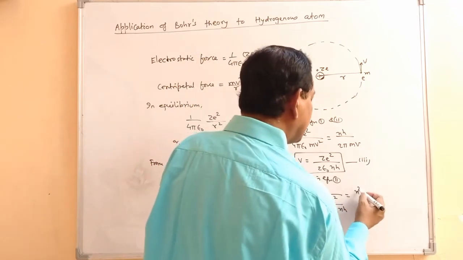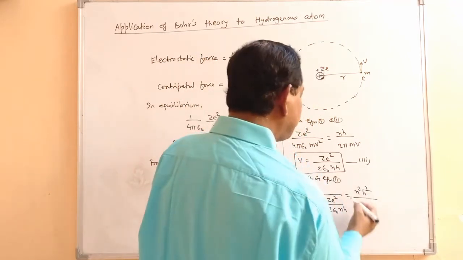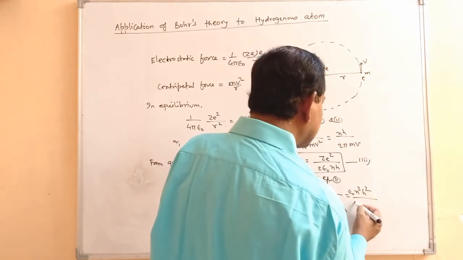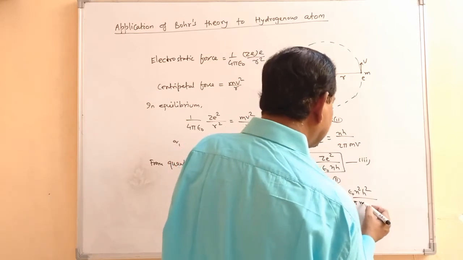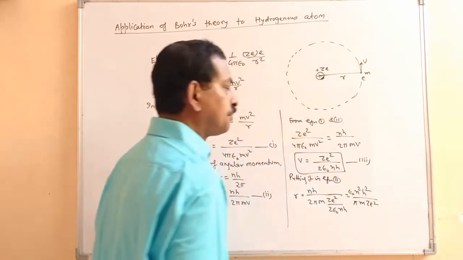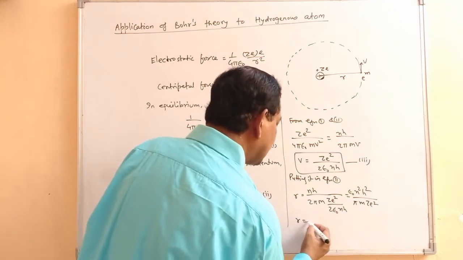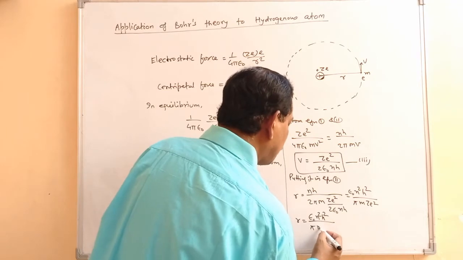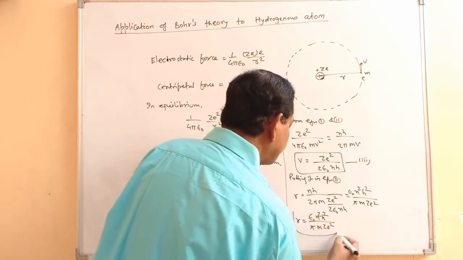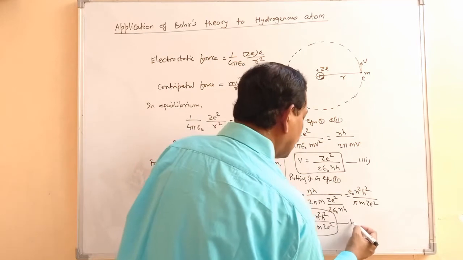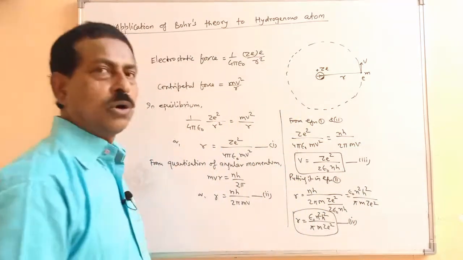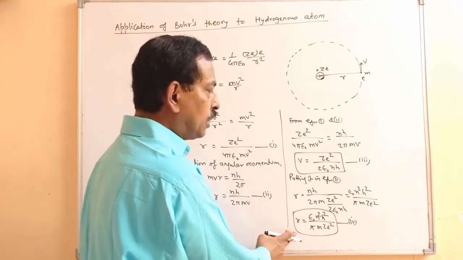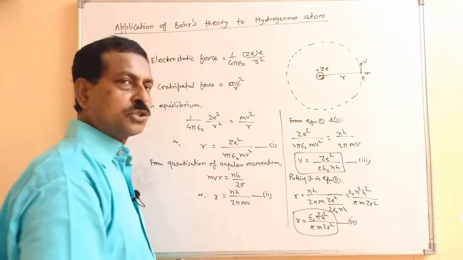So this is n square h square divided by, of course epsilon naught will come in the numerator, this 2 will get cancelled, pi will be there, and then m Ze square. So this is the expression for r, that is epsilon naught n square h square by pi m Ze square, the radius of the orbit. So this is the expression for velocity, and this is the expression for radius of the orbit of the electron.